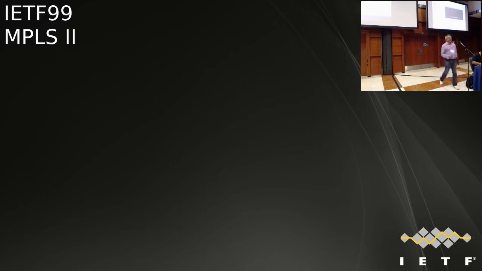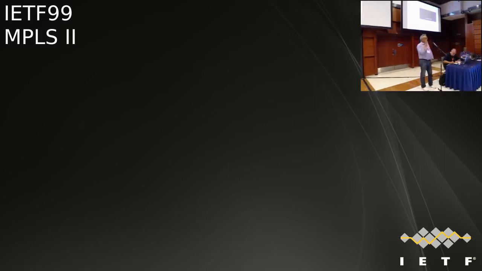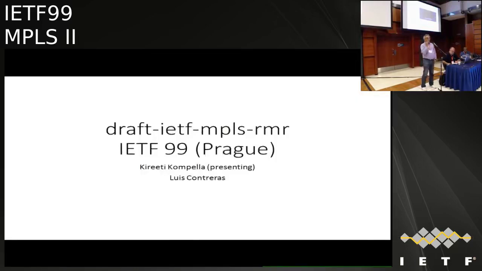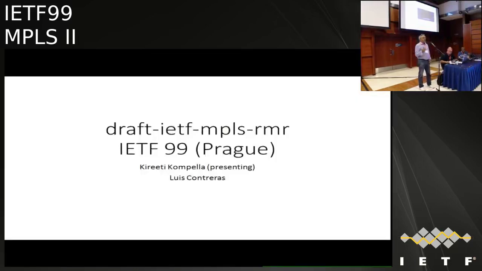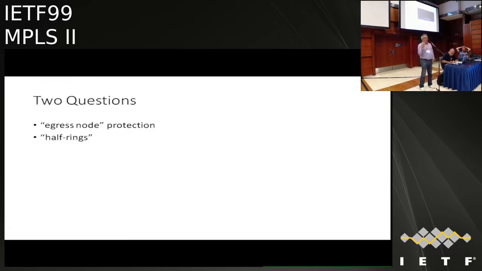Okay. So this is an update on the RMR document. As we're having discussions within Juniper and also with some of our customers on what we should do with RMR and how applicable it is to their networks, we came up with two things that are really important. The first is egress node protection.